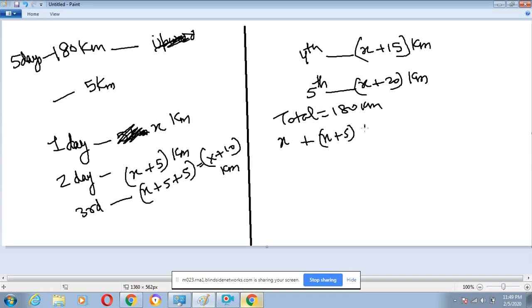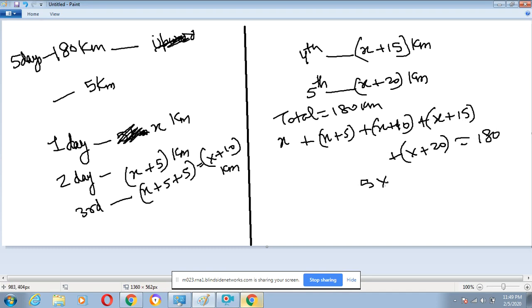Yes, 180. So x plus x plus x, 5 times, 5x. 15 plus 15 is 30, plus 20, 50.